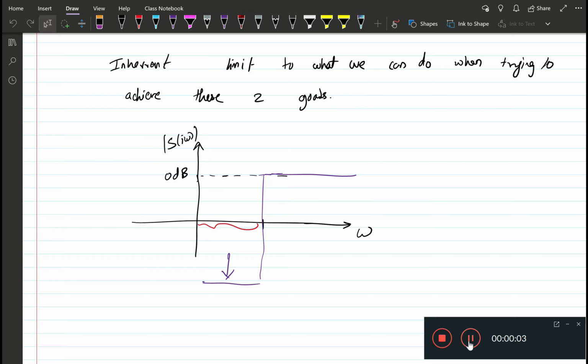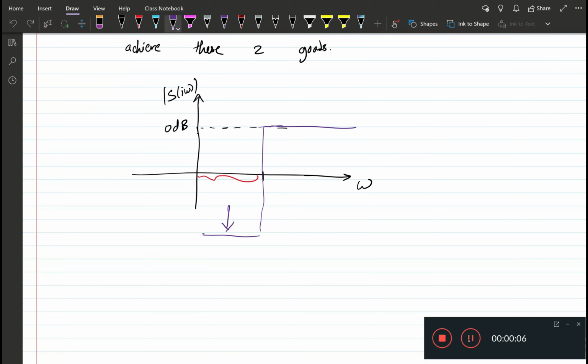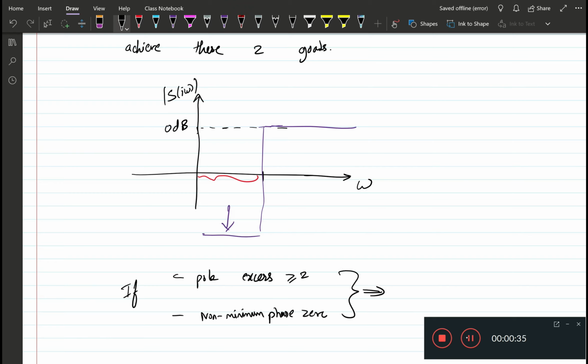waterbed effect. And what it says is that if we have a pole at 2 or more, or if we have a non-minimum phase zero, we would have a peak in S at high frequencies.